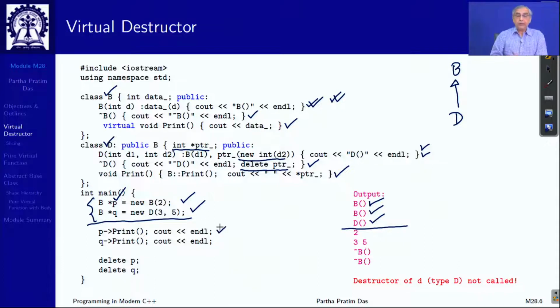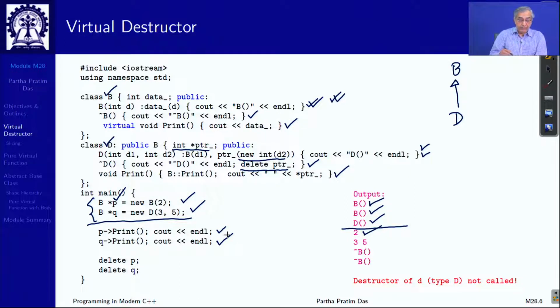Then we are calling the virtual function print from the P pointer. Obviously, it will print for the object that has been created as B 2. So, we will print 2 and then we call the virtual function print with the Q pointer, which is overridden, and because it is a virtual function, even though the type of Q is B, it will actually call the function based on the type of the actual object present, which is the D type object.